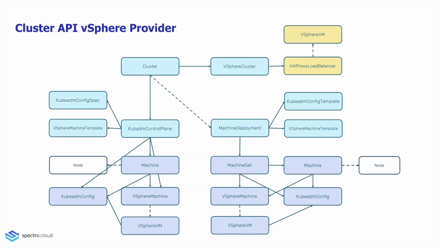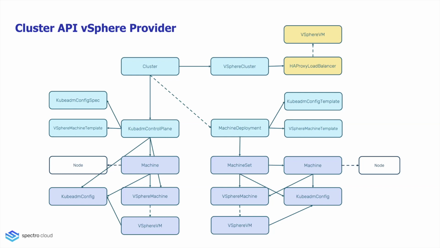In ClusterAPI v1alpha3, the vSphere provider introduced a new CRD called HAProxyLoadBalancer. It will create one separate additional VM running HAProxy together with the data plane API. So when new control plane nodes are added or removed, the HAProxy configuration is updated through the data plane API.